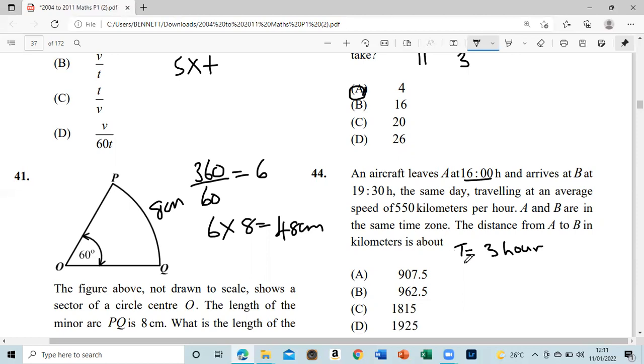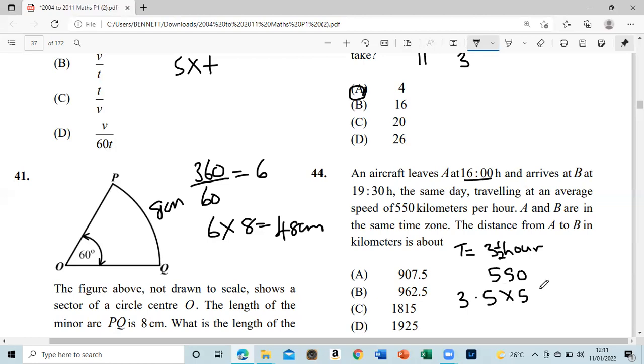And the speed now, average speed of 550. So it's 3.5 times 550, because distance is equal to speed times time.